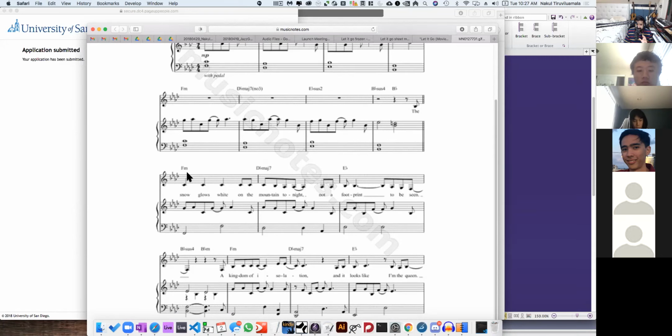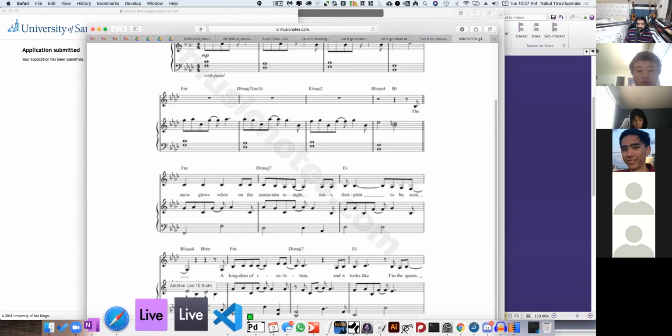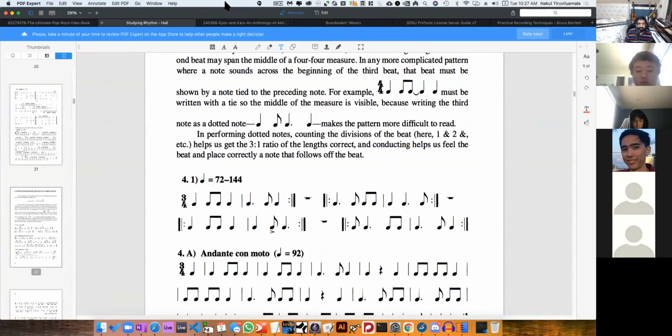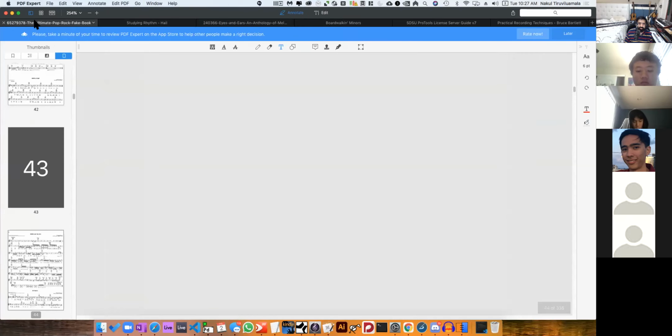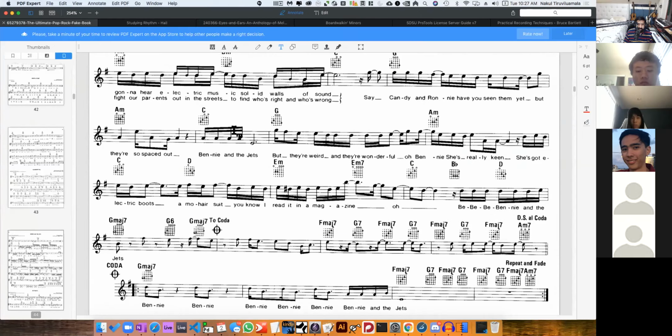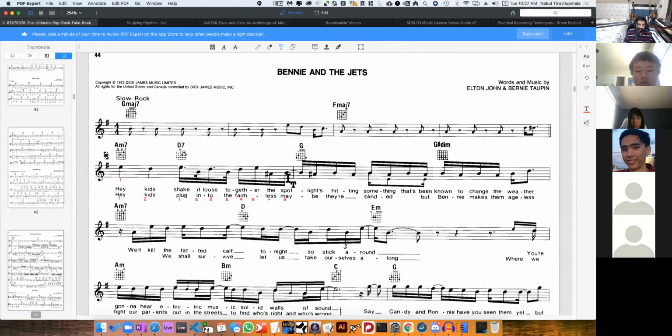So with that being said, there's a lot of syncopation in this particular song. Let's just, for instance, open up this book that I have over here, the Ultimate Pop Rock Fake Book. We'll scroll through Benny and the Jets. Look at that.